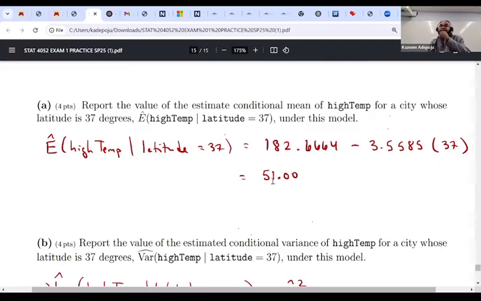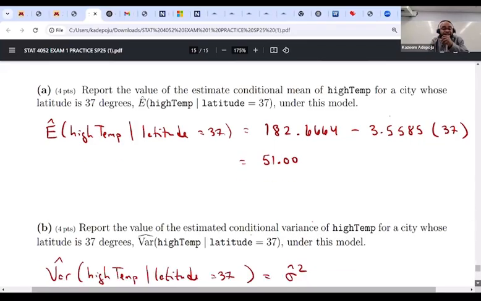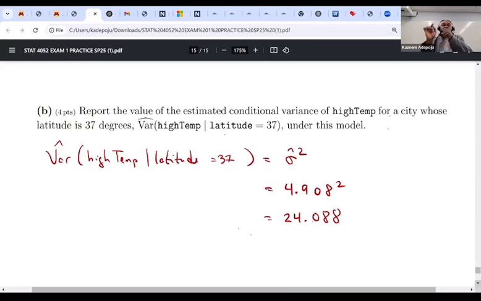Now, this is where I need you to pay attention. Report the value of the estimated conditional variance of high temperature for a city whose latitude is 37 degrees. They wanted to report this. Do you know that even if latitude is 38 or whatever, we have an assumption in statistics?